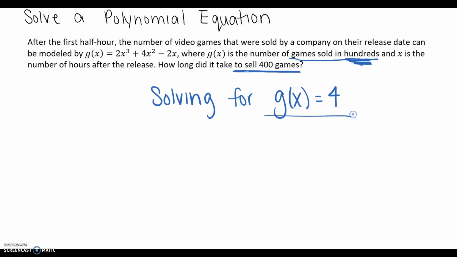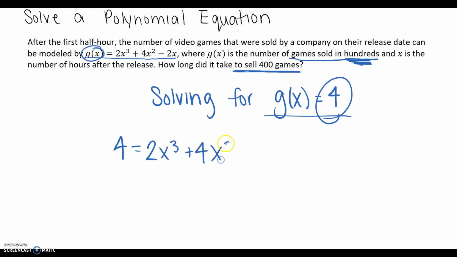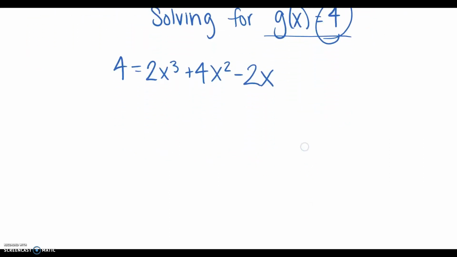Because we want g of x to equal 4, and we know that g of x currently equals 2x cubed plus 4x squared minus 2x, we can substitute 4 in for g of x. So we'll have 4 equals 2x cubed plus 4x squared minus 2x. Now we need to just move over our 4 so that it's equaling 0.